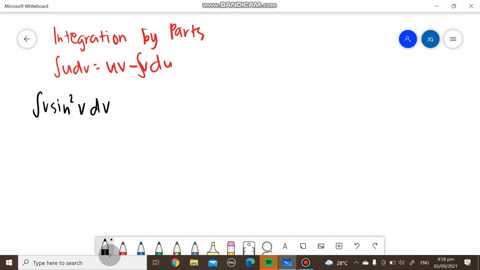So in integrating by parts, we need to find four values, which is u, v, du, and dv. But in this case, we're using v. So to avoid confusion, let's switch the variable. So, we will use a. Pero parehas lang din naman.